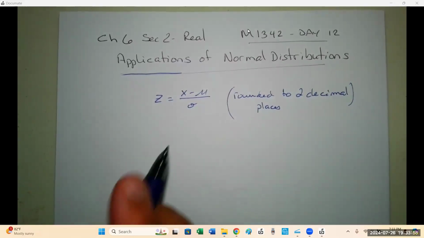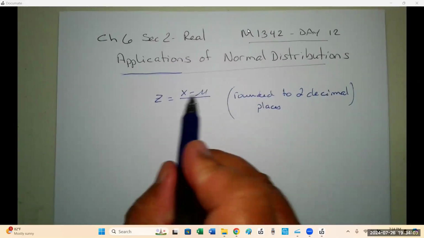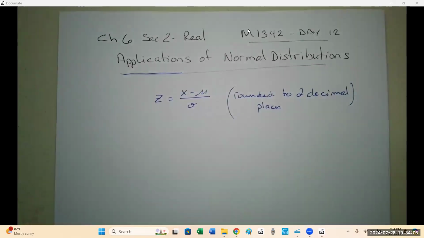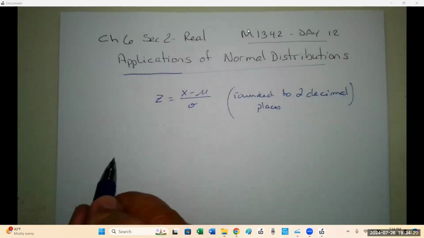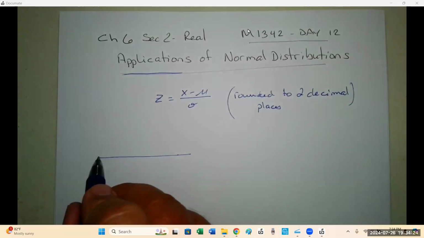What this equation does is take our mean and deviation and all the x values on both sides of the mean, and allows us to calculate the percent of the data to the left of each of those values of x. So this is what's really happening with this formula.